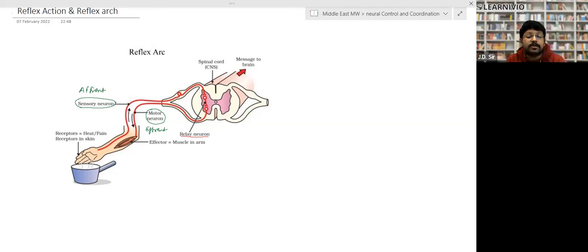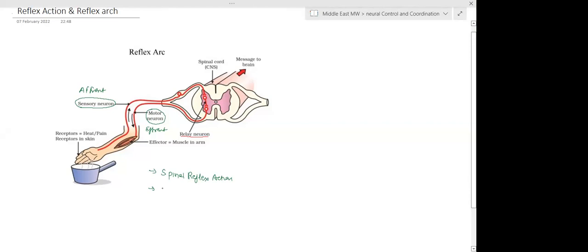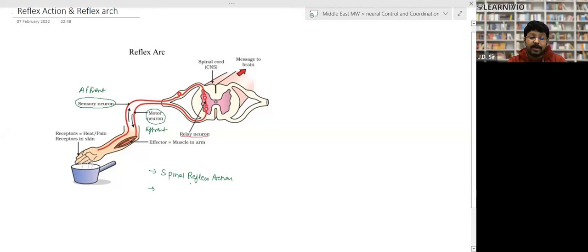If a reflex action is controlled by the spinal cord, it is called spinal reflex action.